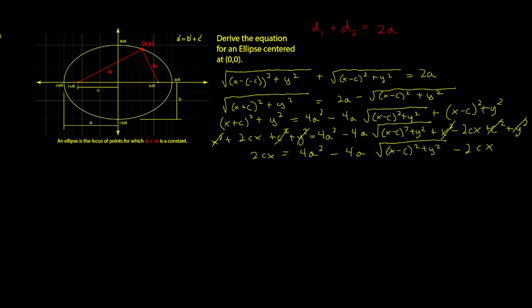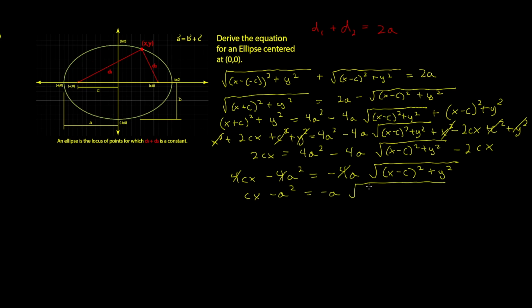Now let's get the radical on one side, everything else on the other. Moving this term over, we get 4cx minus 4a squared equals negative 4a square root of x minus c squared plus y squared. Canceling the 4's, we get cx minus a squared equals negative a square root of x minus c squared plus y squared.